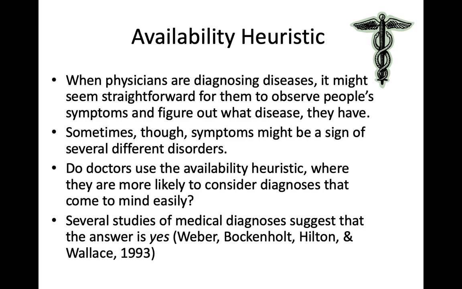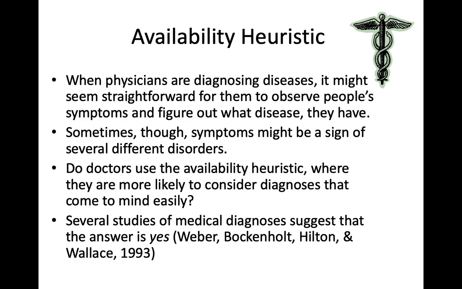Something that I should say is that most of the time, they're likely to be correct. And that's the thing with heuristics, very often these heuristics serve us fairly well. But there are times when they don't.